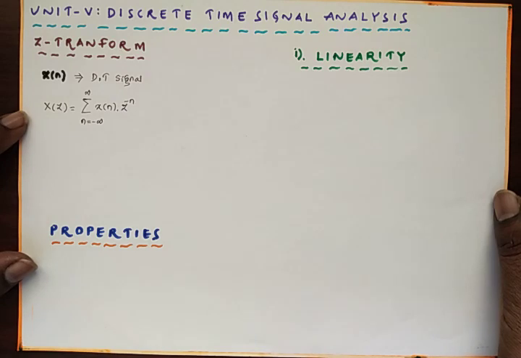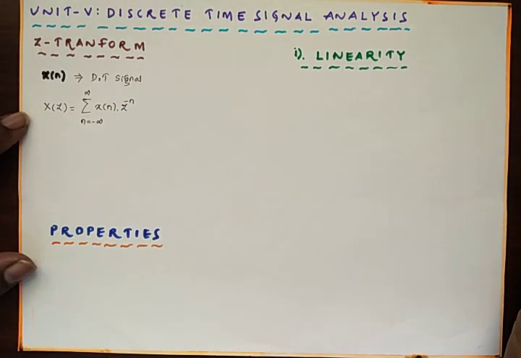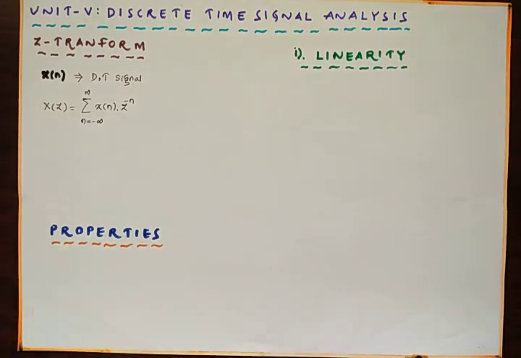Continuous time signals can be analyzed by making use of the Fourier transform and the Laplace transform, whereas the Z transform can be used to analyze the discrete time signal.